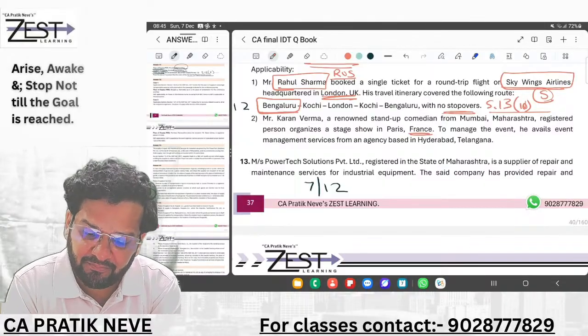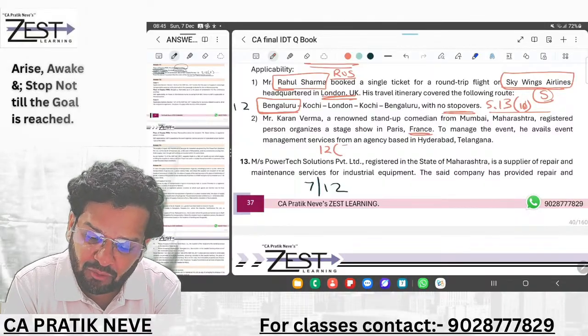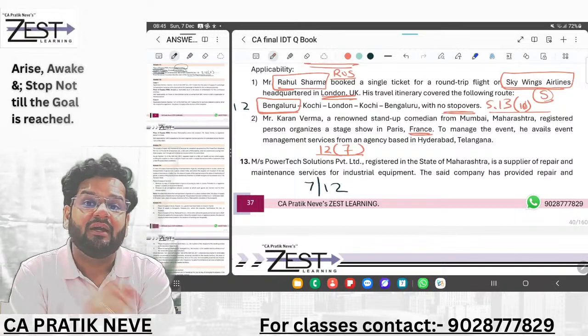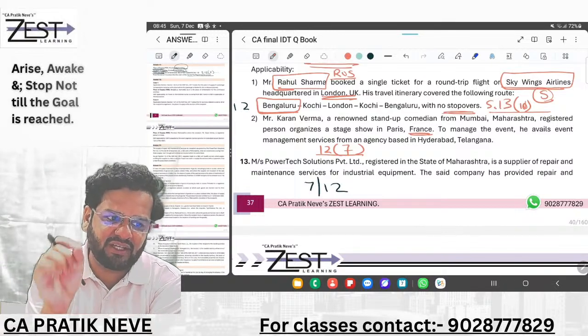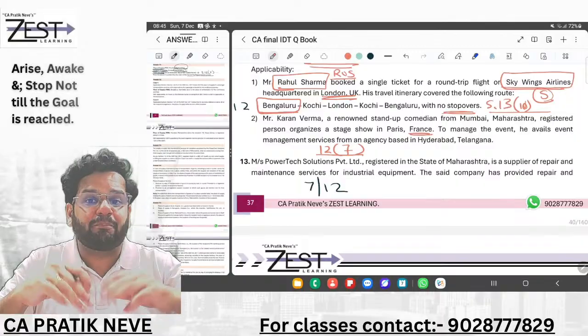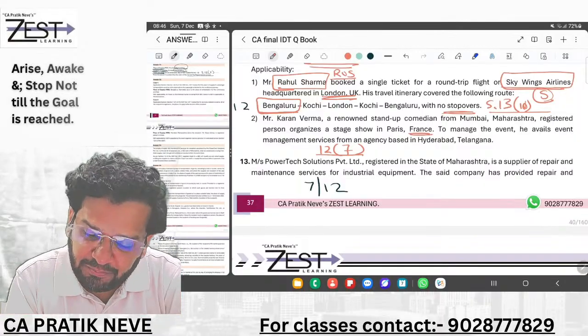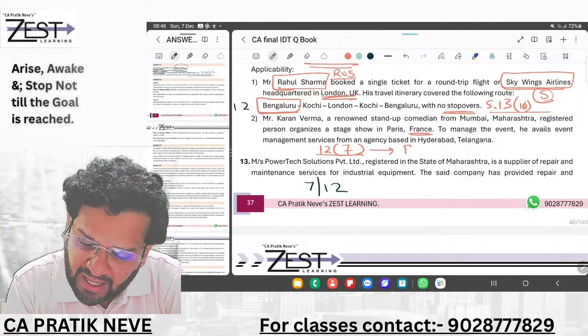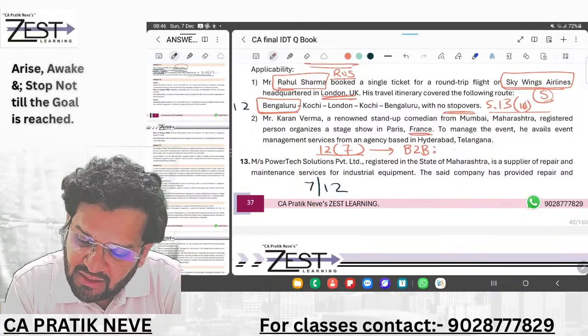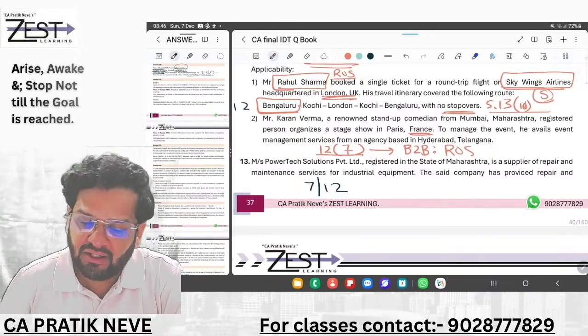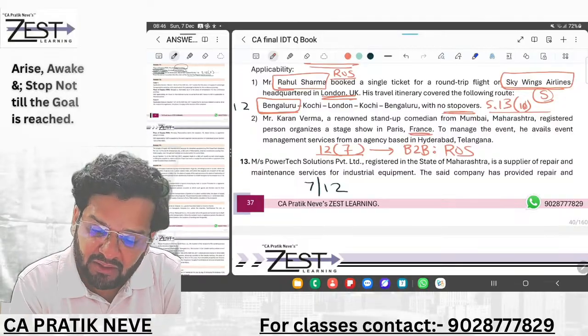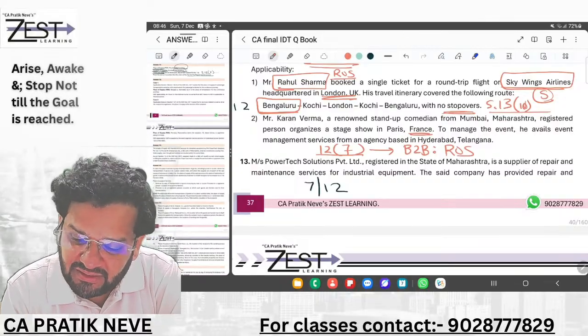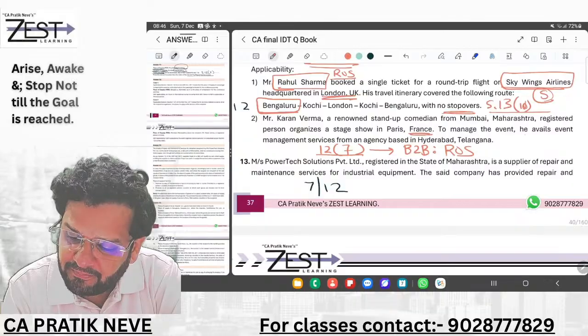Okay, so basically event management services. So basically 12(7). In 12(7), remember very carefully, if supply is given to a registered person, that is in a B2B case, place of supply is location of recipient of supply. So here supplier is event management company.